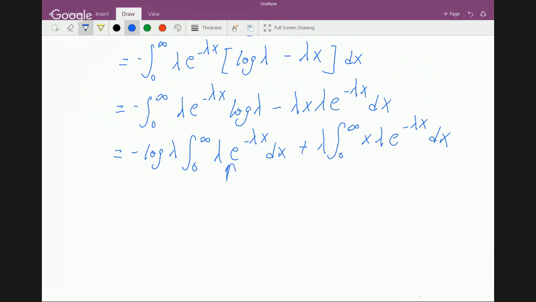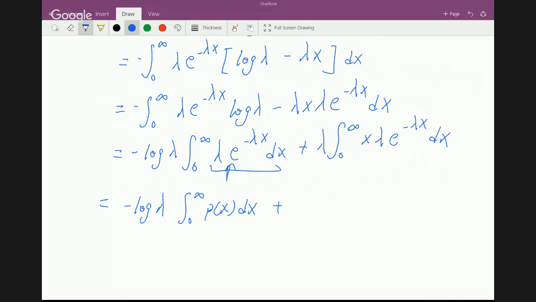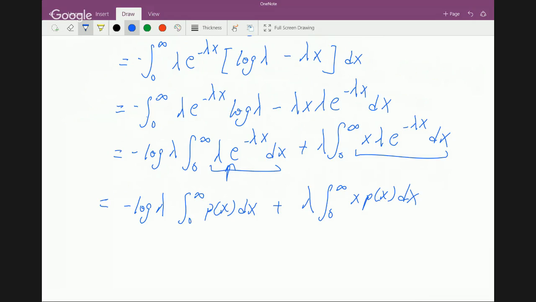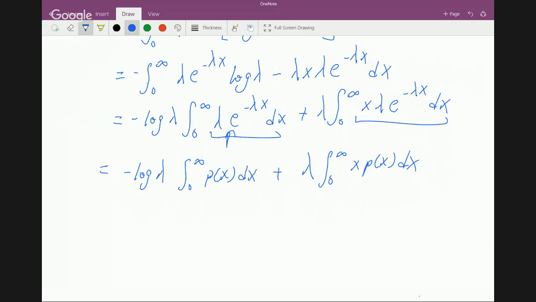Okay, now in this form, things are simple. Because this right here is just the original function, the original p of x dx, minus log of lambda. And this right here is the definition of expectation, x p of x dx. So this is the expectation of x.